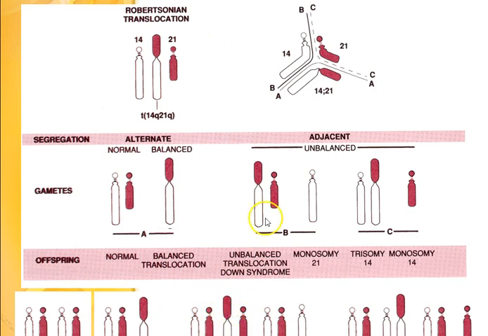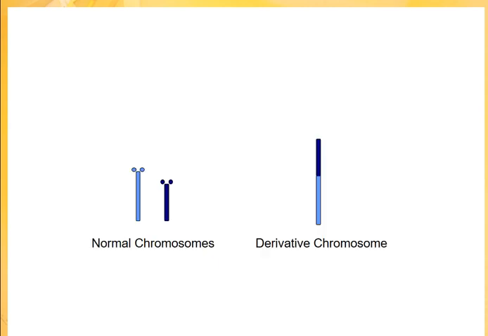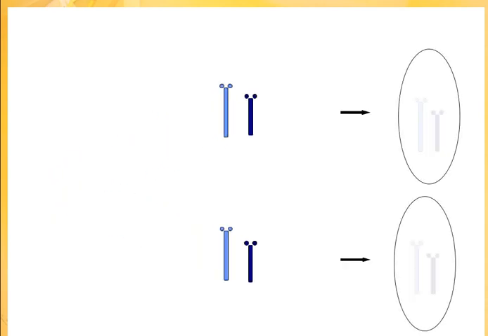So in the real world, when an individual has a 14-21 translocation, the chance of having a baby with Down syndrome is 15%, because the rest of these are not compatible with life. So here we have normal segregation. Chromosome 14, chromosome 21, and they each go to separate cells.